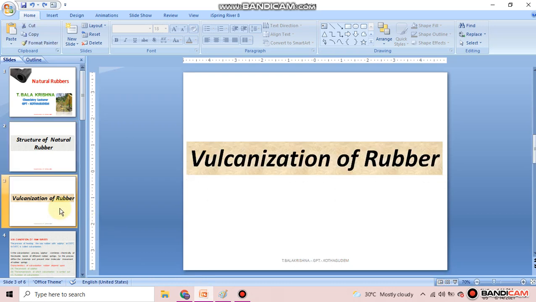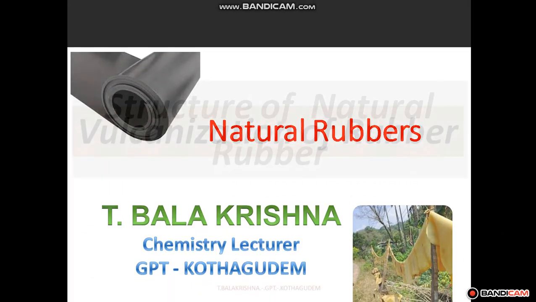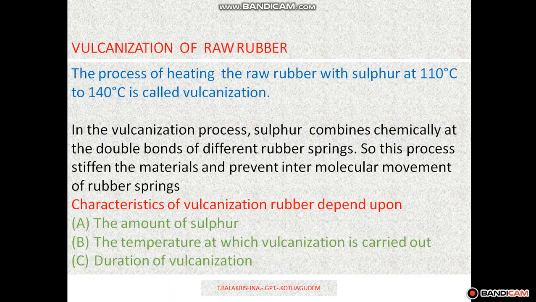Next, we are going to discuss the vulcanization of rubber. The process of heating raw rubber with sulfur at 110 degrees Celsius to 140 degrees Celsius is called vulcanization. In this process, the sulfur combines chemically at the double bonds of different rubber springs.